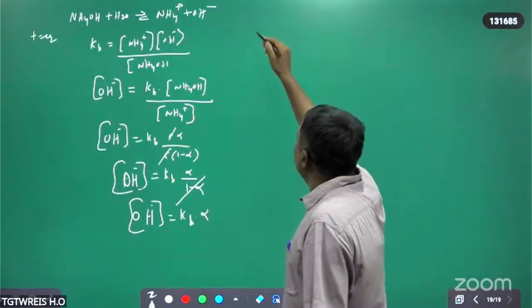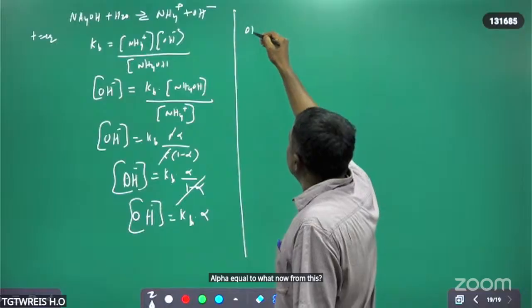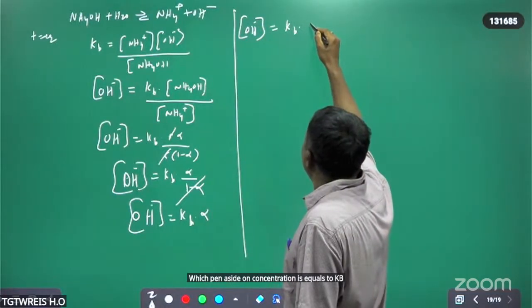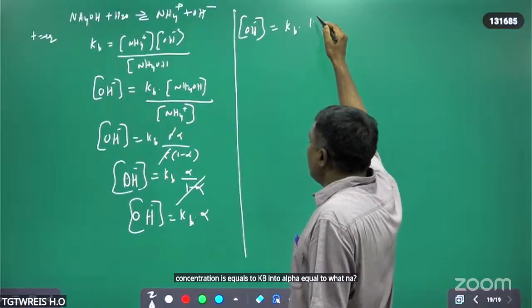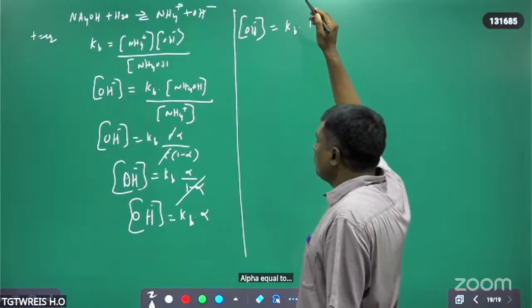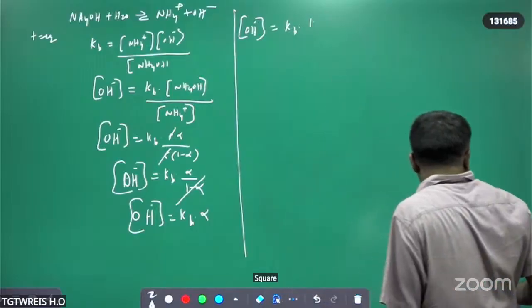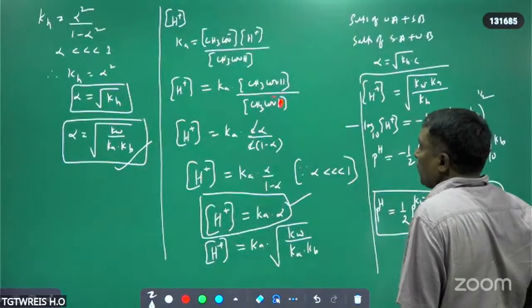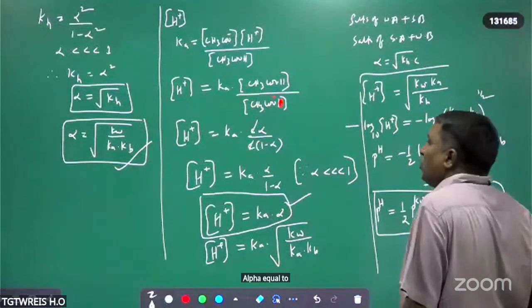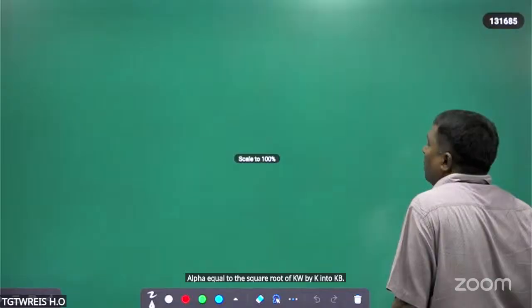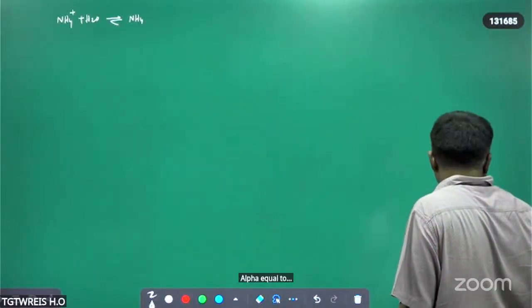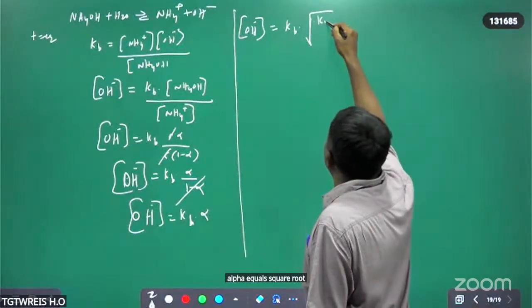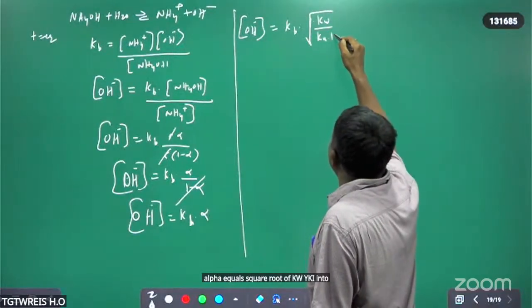Alpha equal to what now from this? OH minus ion concentration is equal to Kb into alpha, alpha equal to what now? Alpha equal to square root of Kw by Ka into Kb.